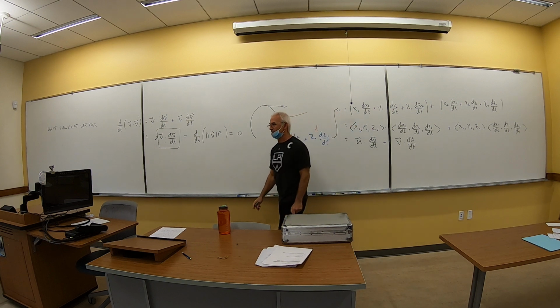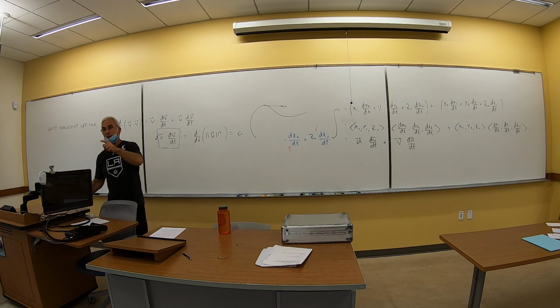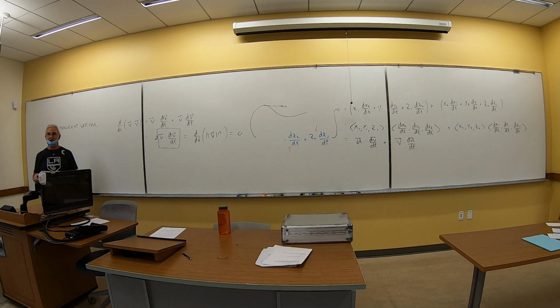So the unit tangent vector is a vector that describes your motion at that point, but we want a unit vector. Well, what vector do we already know is in the direction that you're going to slide? The velocity vector. So the unit tangent vector is the unit vector in the direction of the velocity. That's exactly what it is. So we started with r of t, then we know its derivative is defined to be the velocity vector.